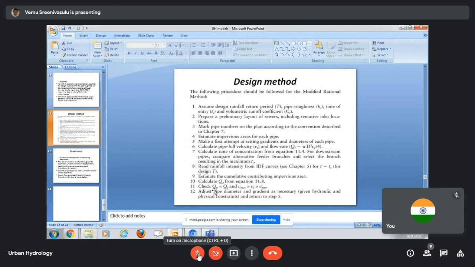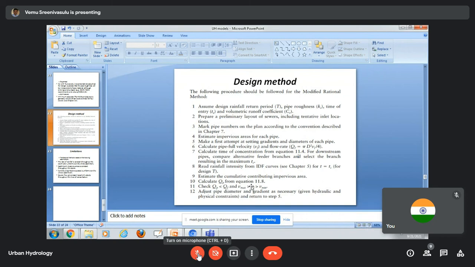This is very much needed these days, because a lot of cities are flooding even for a small amount of rain, and it causes so many problems, economic problems or health problems. So try to take any one case study and do this.